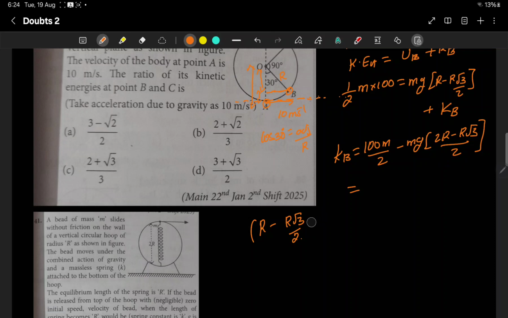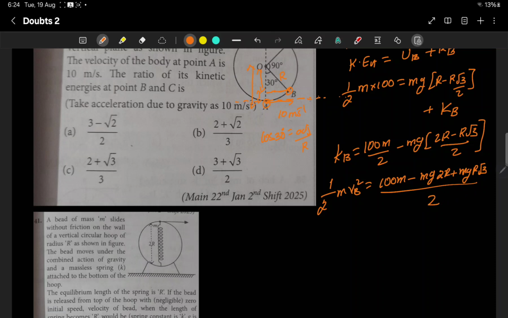So better we can substitute what is velocity at B. Expand this: half m vb square will be equal to 100 m minus mg into 2r plus mg r root 3, whole divided by 2. So here 2 and 2 will get cancelled, and m can be cancelled.